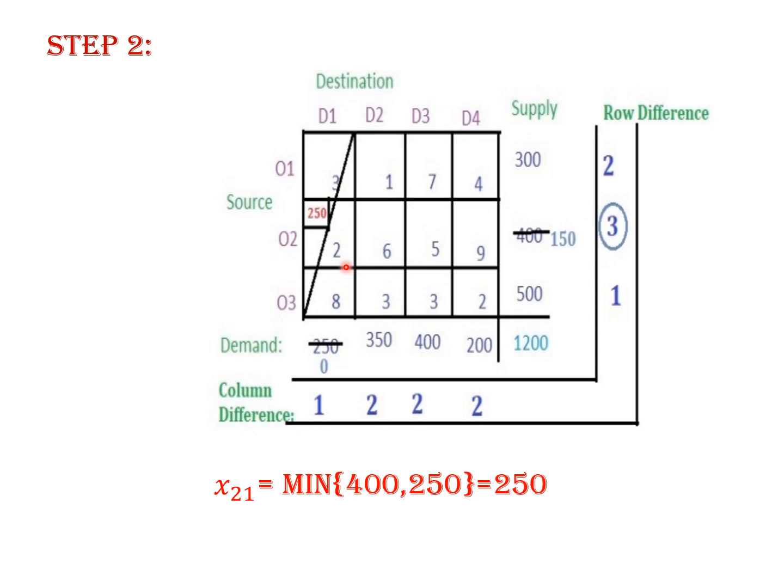Hence, the first allocation is made in the cell 2, 1 to the variable x21. x21 is equal to minimum of a2, b1. Here the a2 value is 400, b1 is 250. So the minimum element is 250. 250 is in the first column. So we cross the first column.